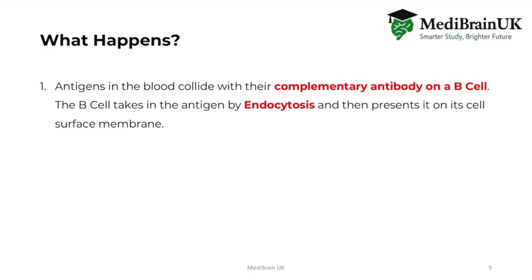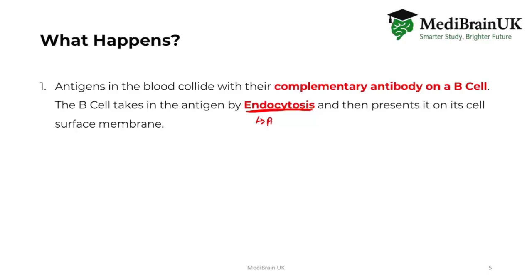And when a B cell comes across that antigen, it takes the antigen into itself by endocytosis. This is just a process by which the antigen moves into the B cell.